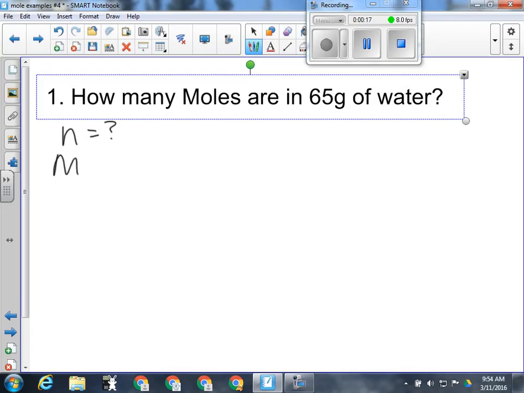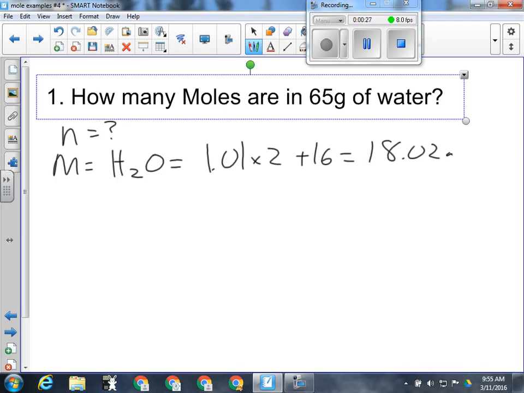To calculate molar mass for water, H2O, that's going to be 1.01 times 2 plus 16, which is 18.02 grams per mole. We're told the mass of the water is 65 grams.